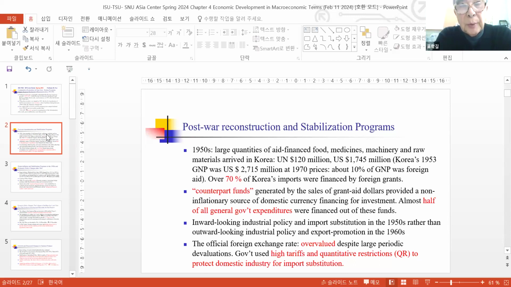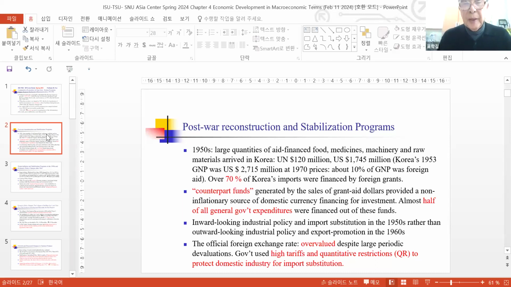We call counterpart funds generated by sales of grant aid dollars provided a non-inflationary source of domestic currency financing for investment. What does that mean? It's a little bit technically difficult explanation.